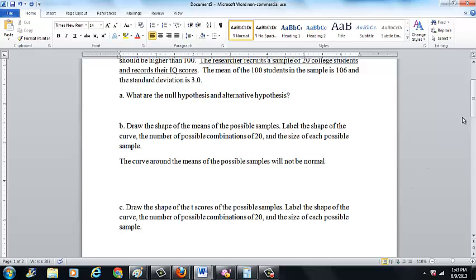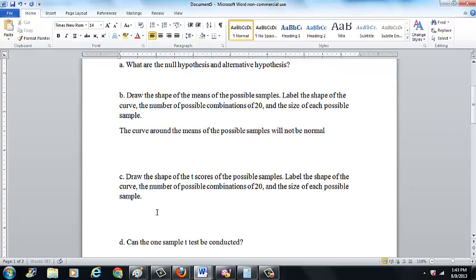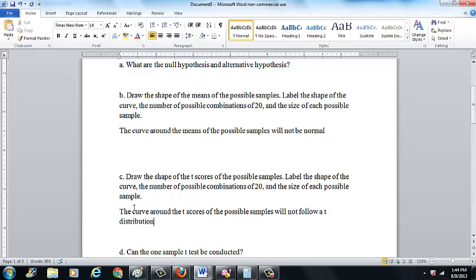And the curve around the t-scores of the possible samples will not follow a t-distribution because part B wasn't normal.